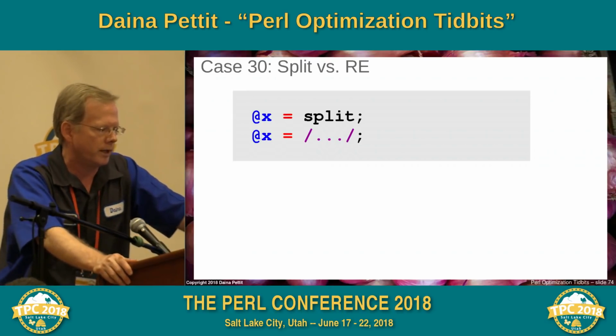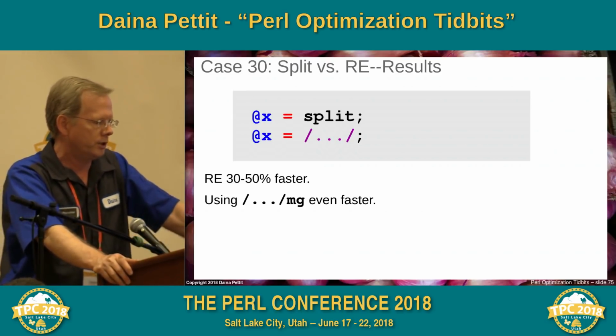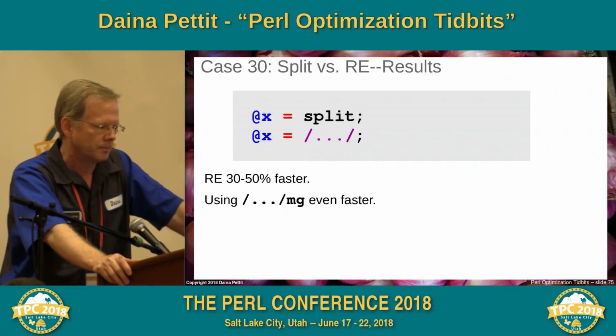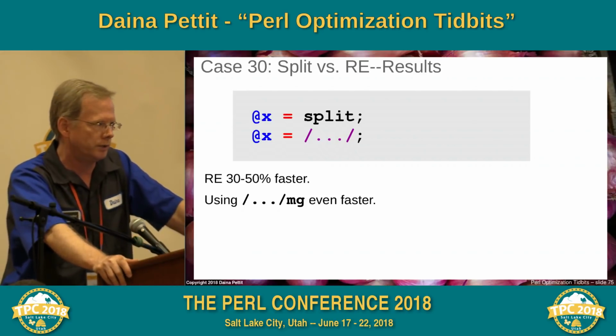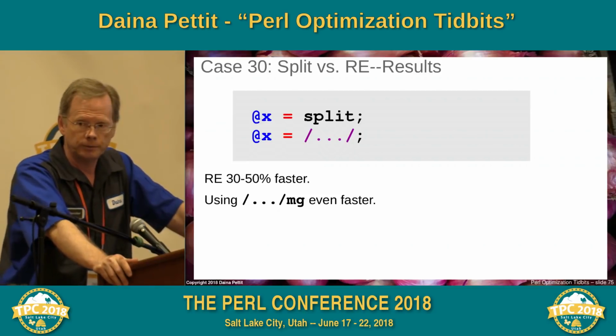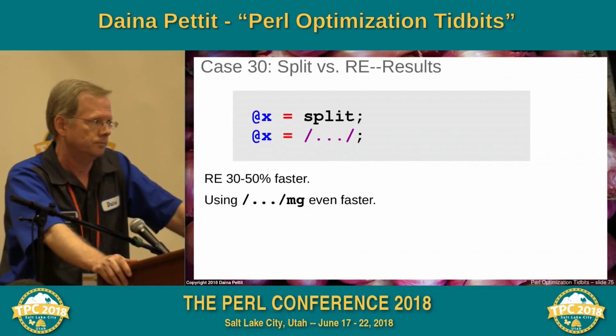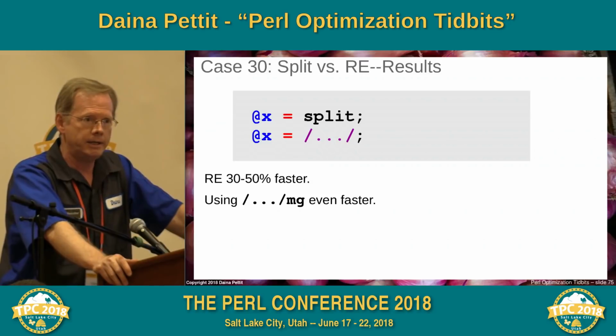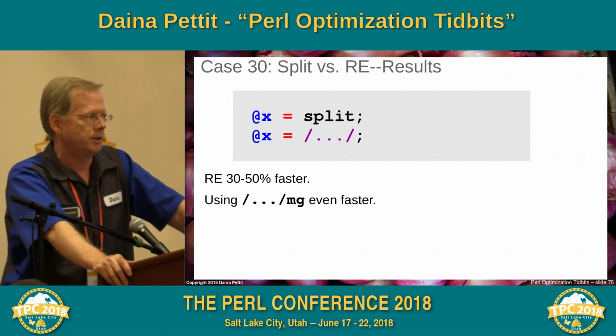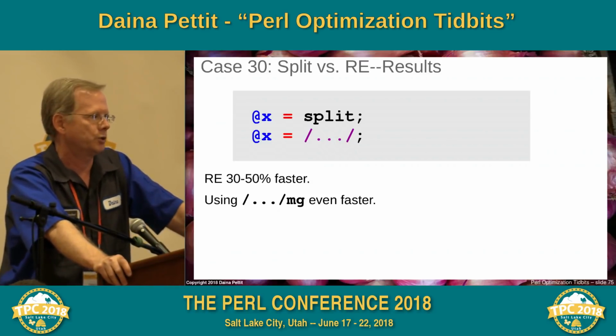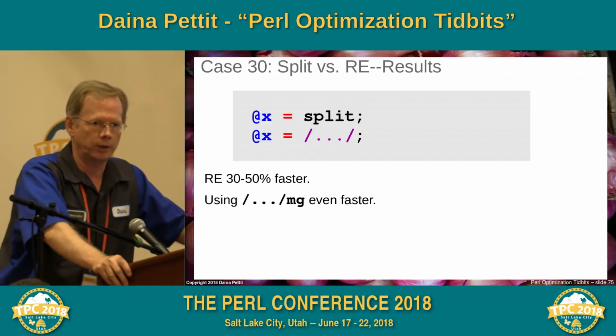It turns out the regular expression is actually faster, and if you use the M and G regular expression suffixes, it's even faster. So split is very handy. It's nice to read and very maintainable. Regular expressions are harder, but you do get better performance out of them.